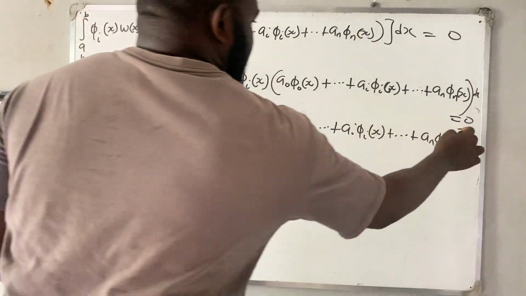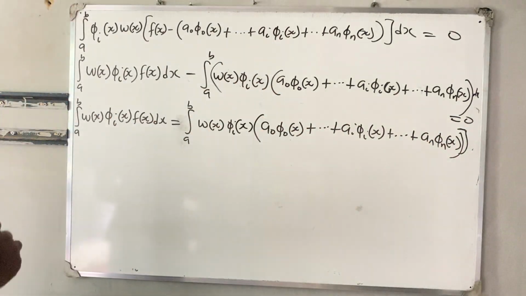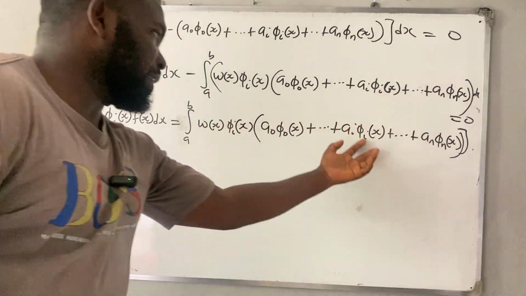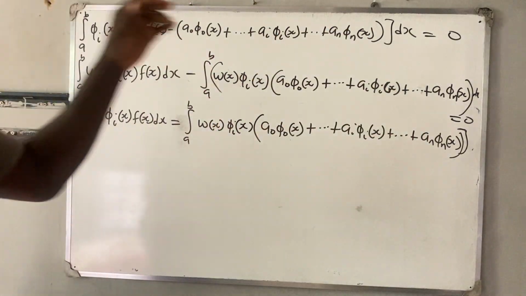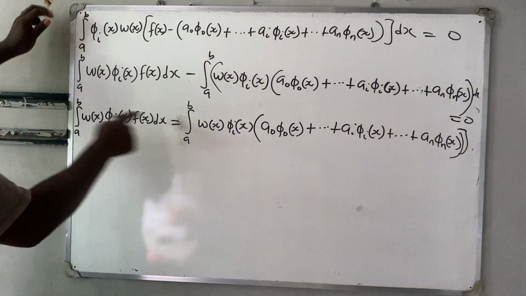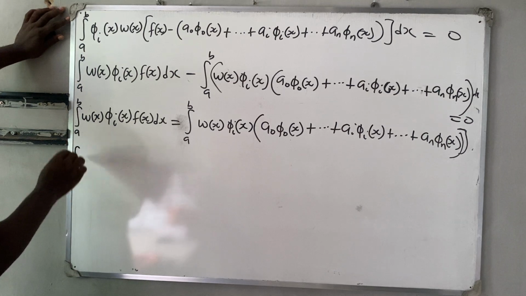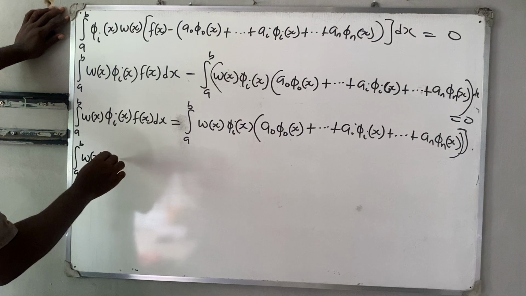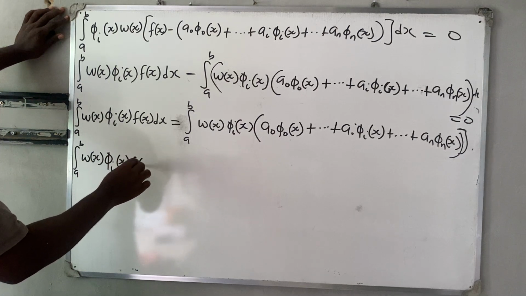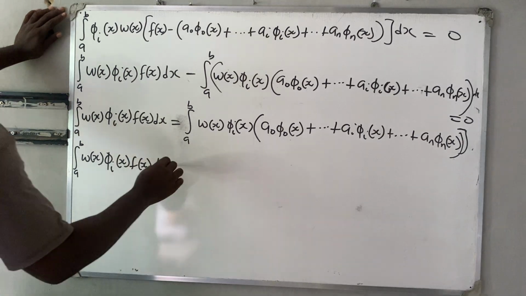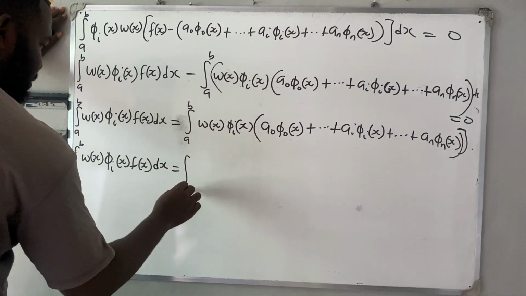Now having this, remember we can still apply the same thing. So these terms will multiply the same one, and so on and so forth. So if we do that now, we're going to have the integral from a to b of w of x, phi i of x, f of x dx is equal to the integral from a to b.